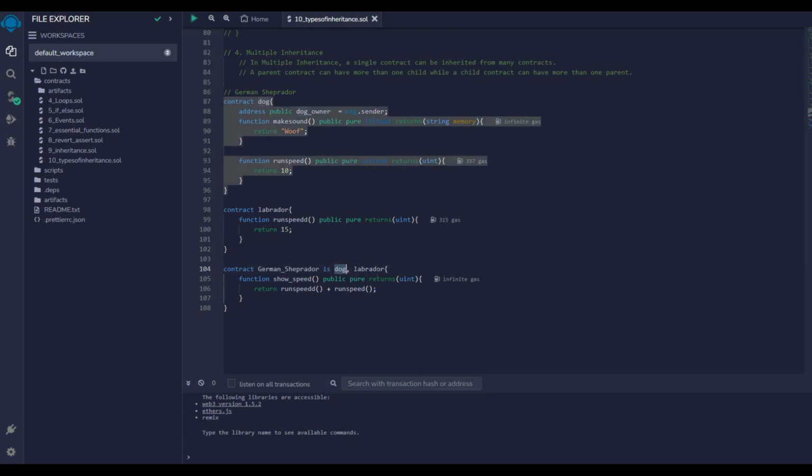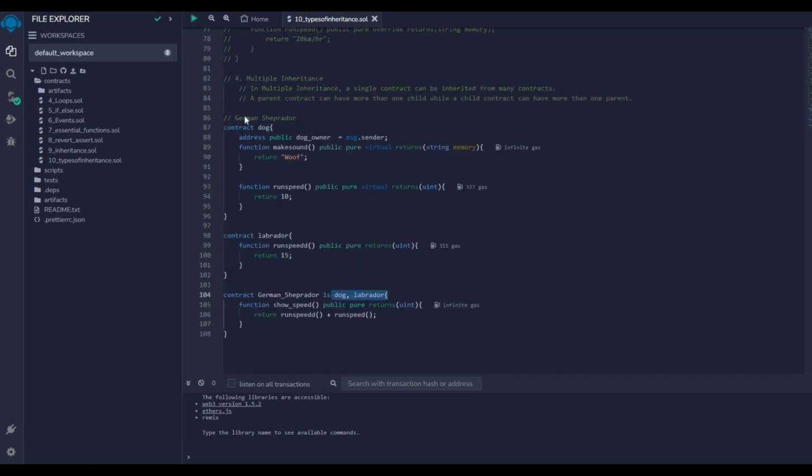It's like the German Shepherd Labrador is the child of Dog and Labrador. Actually, this is a term for a breed between a German Shepherd and a Labrador. I did not know this term, so I had to Google it.